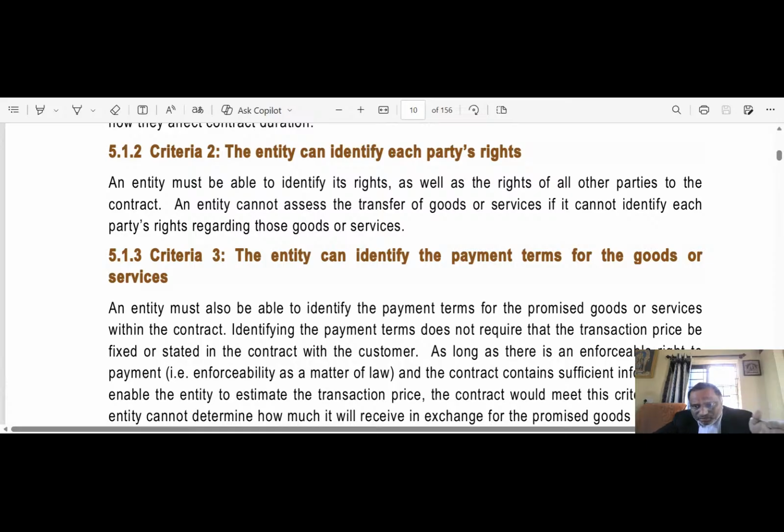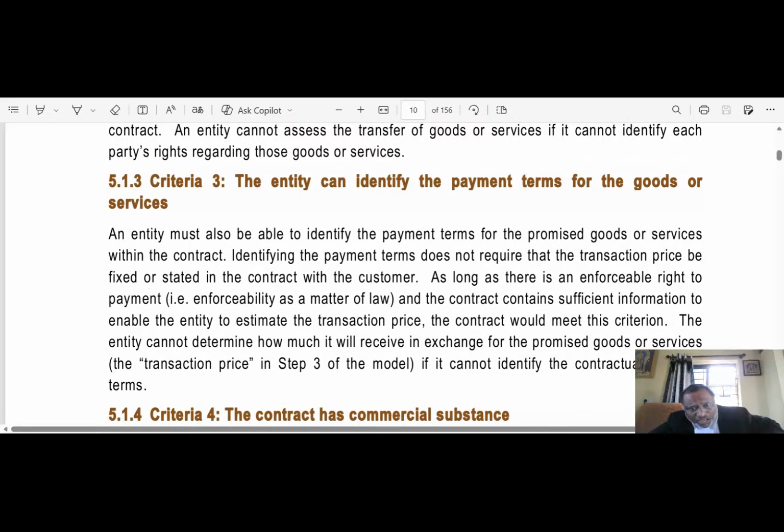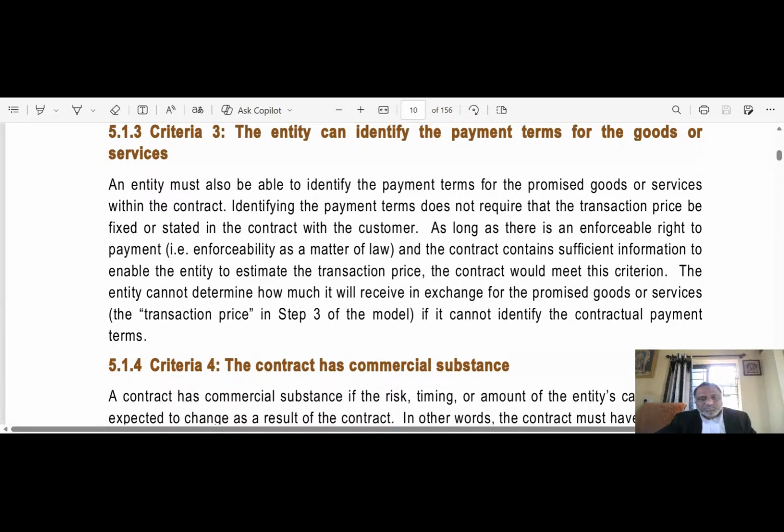The contract would meet this criterion. If the entity cannot determine how much it will receive in exchange for the promised goods or services, the transaction price in step 3 of the model, it cannot identify the contractual payment terms.